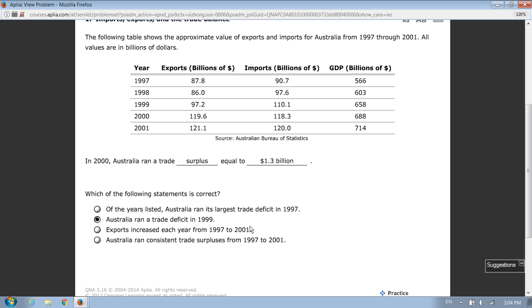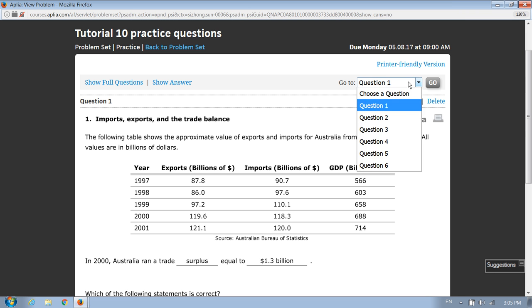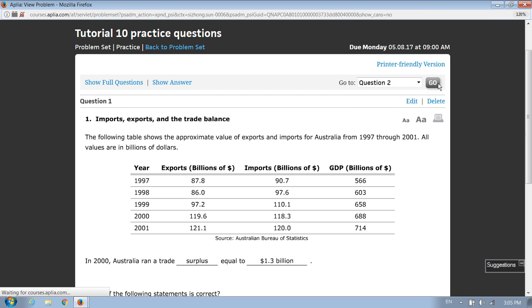So it is true, it is a deficit. Exports increase each year from 1997 to 2001. That's incorrect because from 97 to 98 the export decreased. Australia ran a consistent trade surplus from 1997 to 2001. Again, this is incorrect because there is a trade deficit in 97, 98. Alright, so that's question 1. Question 2.